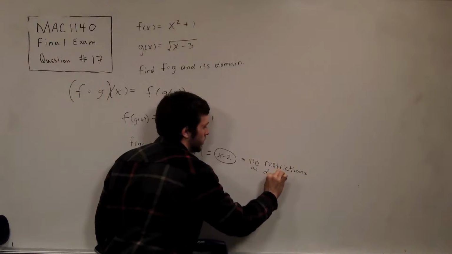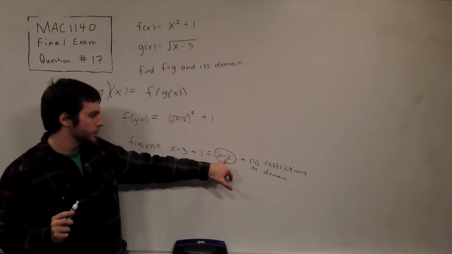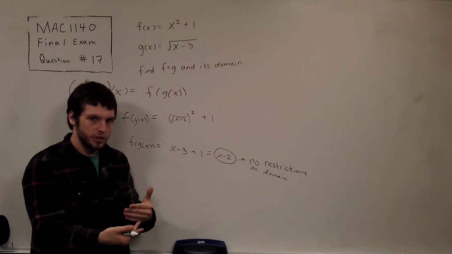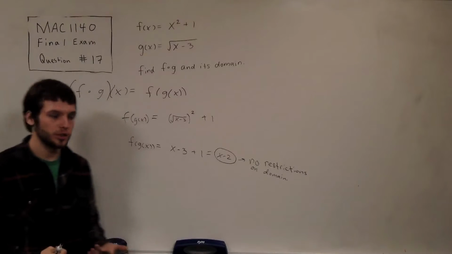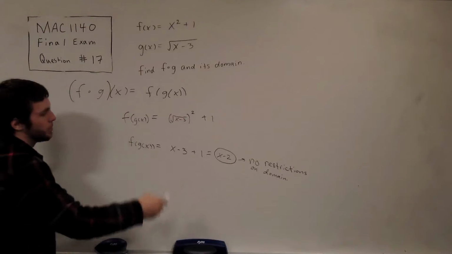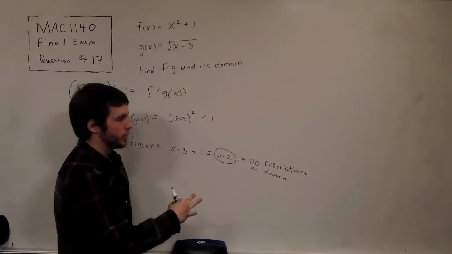But if there were, say, a fraction or a radical here, then obviously you would have your normal restrictions. But here, with x minus 2, you can plug anything in for x, and it'll be fine. You can just subtract 2 from it.